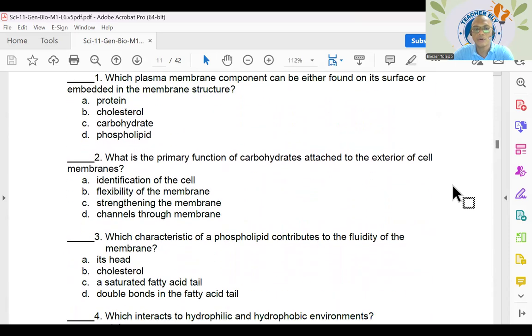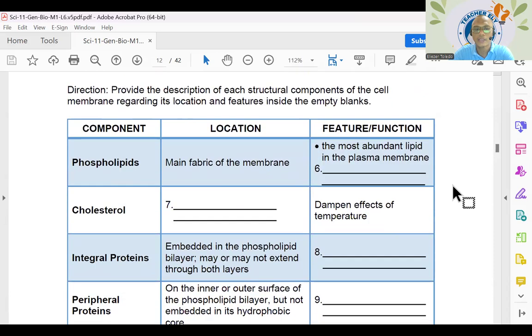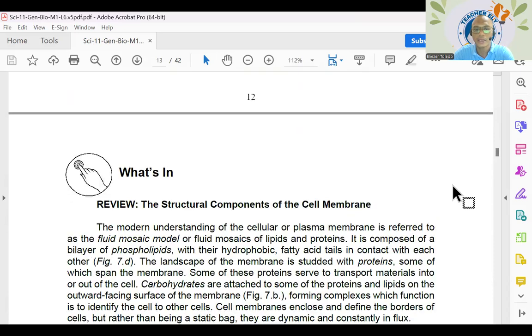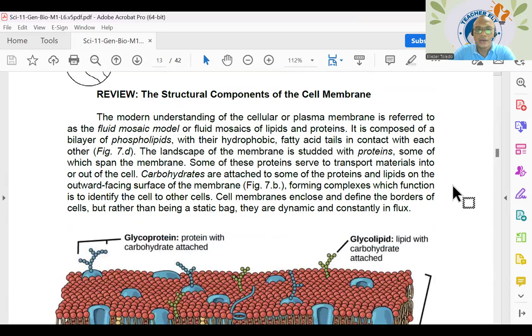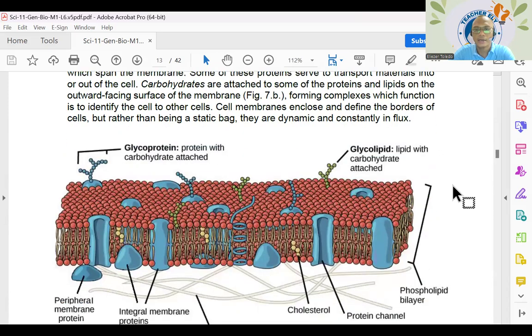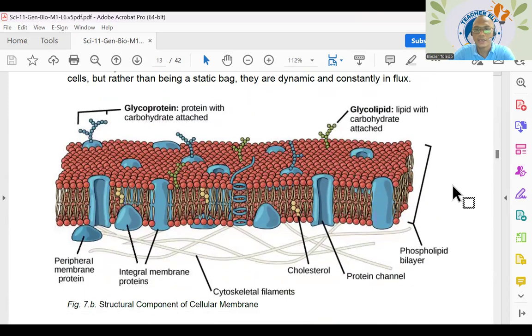Sige. Structural components of the cell membrane. This is how it looks like. And you see here na ay phosphobilayer na ay usa sa taas ug na ay usa sa ubos. And there are things embedded in there.